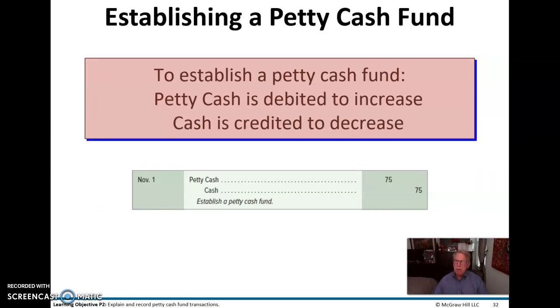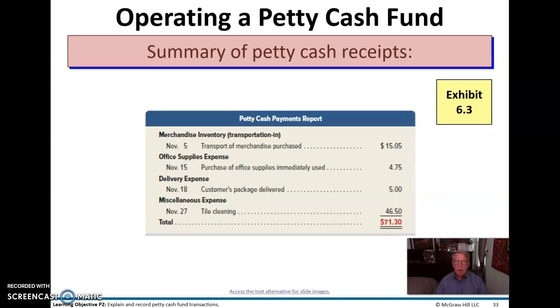So, to establish that petty cash fund, what we do is we take it out of our regular cash fund with a credit here, and we put it into a separate cash account called petty cash. And that establishes that petty cash fund of $75 here. Now, then we have some petty cash receipts that have been approved by the petty cash custodian.